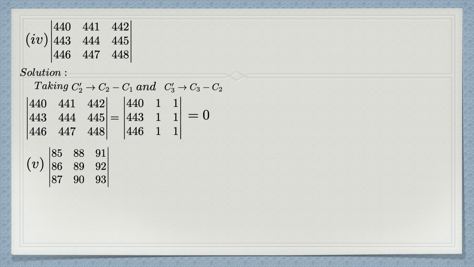Fifth problem, solution. We will take same like previous, we will make column or row the same term. Maximum we want to make it as 1 1 1 so that it will be easy for us to simplify. Or 0 0 also is possible, if possible we will do it. In this, row 2 and row 1, if we subtract we will get some number.